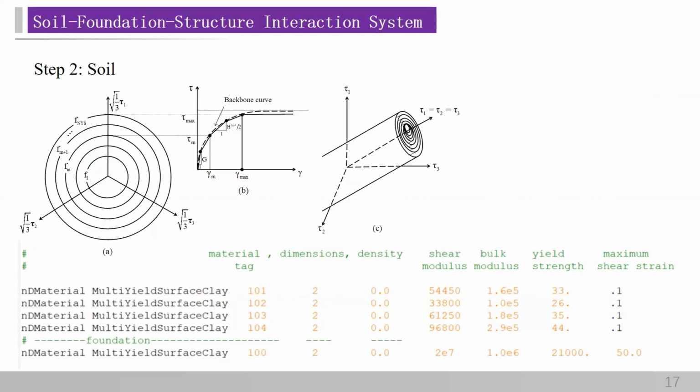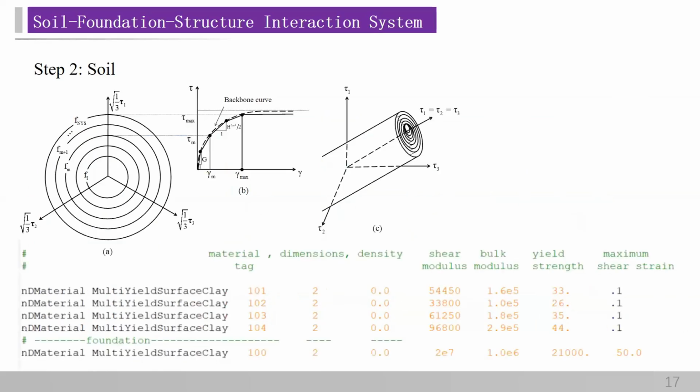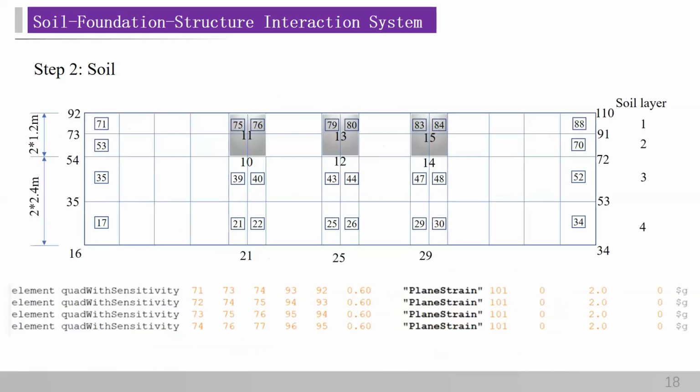You can change the material density to 1, 2, 100, 1000. It doesn't matter, and the program will give you the right result. So this is the difference between the quad and quad with sensitivity. You should take notice of the density here.